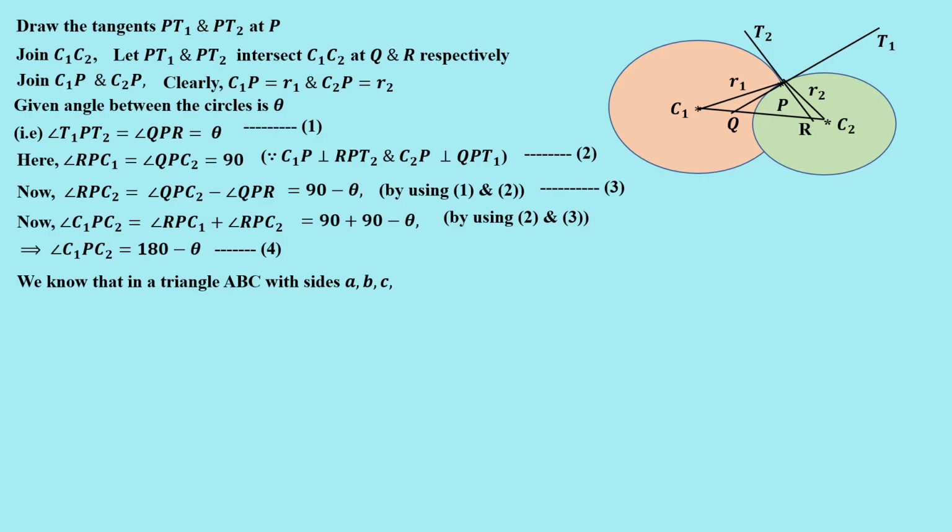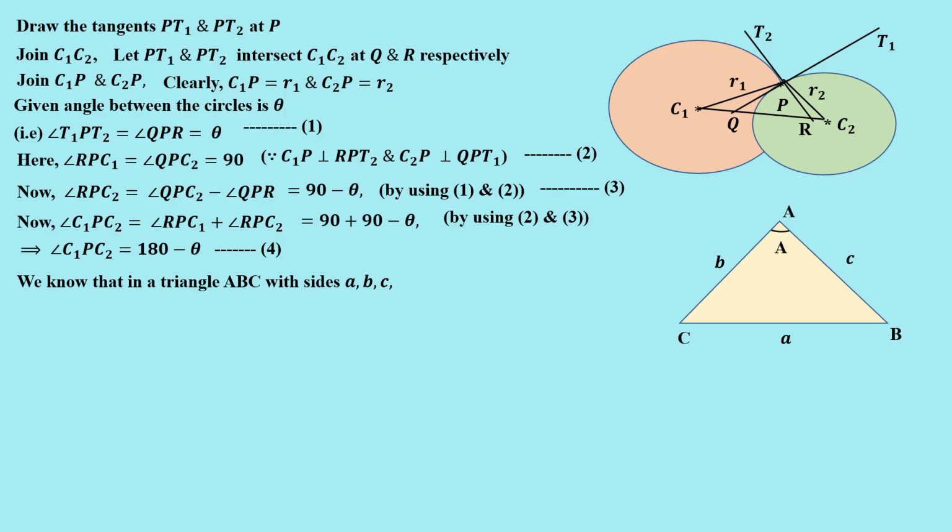We know that in a triangle ABC, with side lengths small a, b, c, opposite to vertex A the side length is small a, similarly small b, small c.